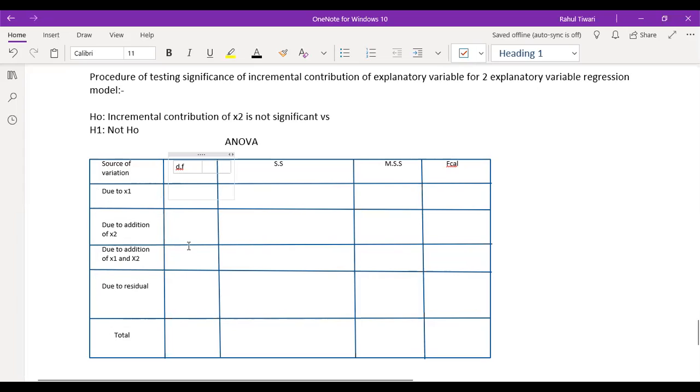So how many degrees of freedom do we have in the case of x1? For x1 it is 1, because we have one coefficient. Then what about x2? Again we have 1. Here how many variables are we adding? 2, right?